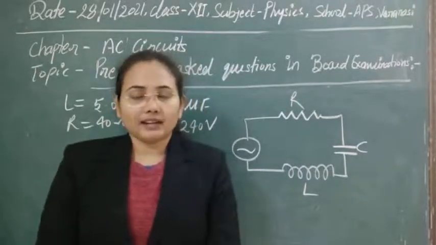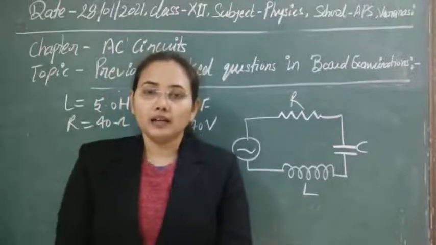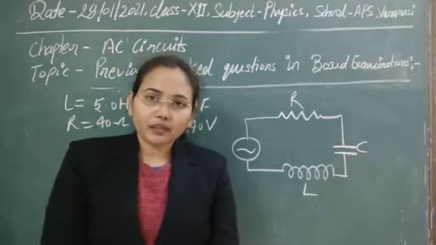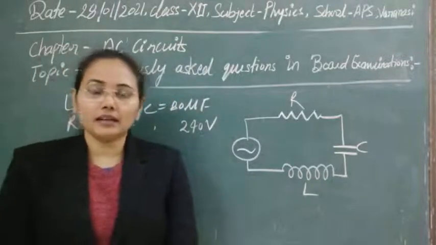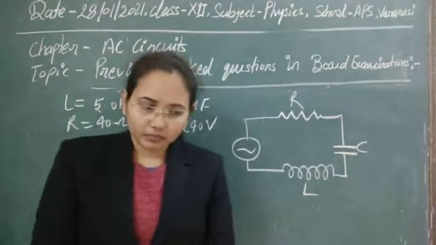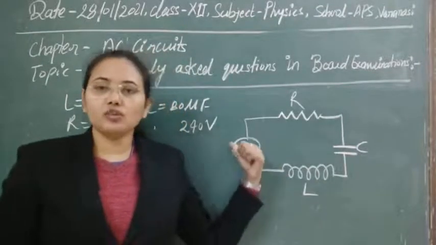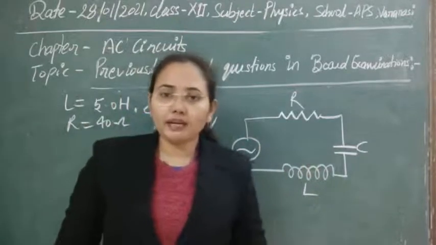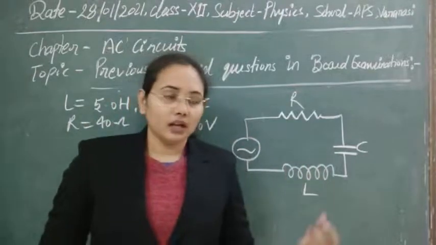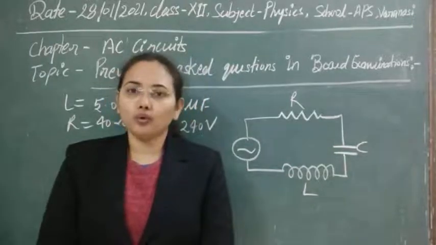Here one factor that comes in is the property of resonance. You know that whenever the frequency generated in the circuit becomes equal to the frequency of the AC source, at that time the whole circuit starts to oscillate with the frequency of the source, not with its own frequency.